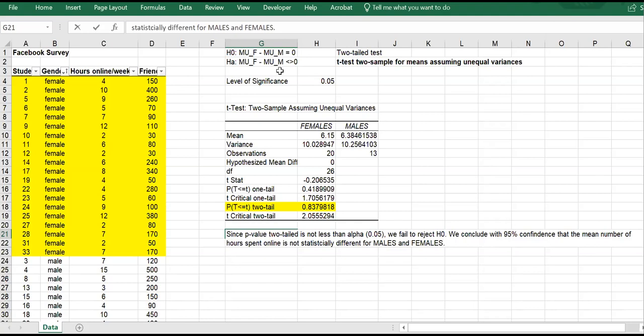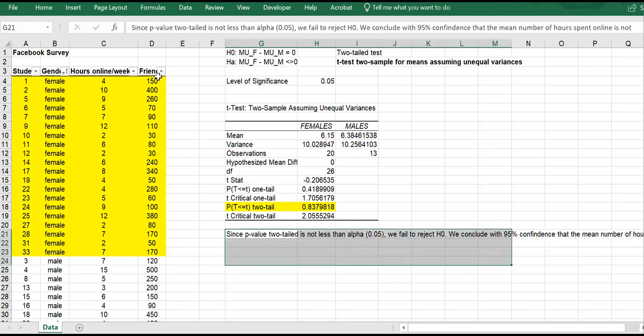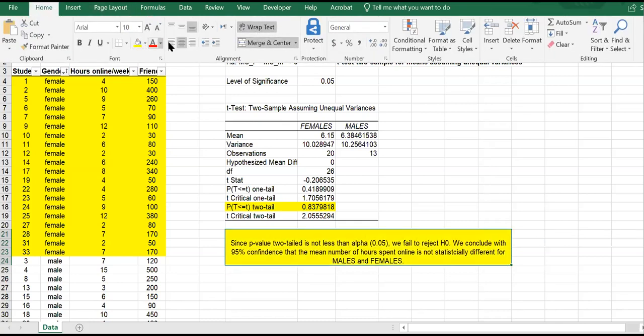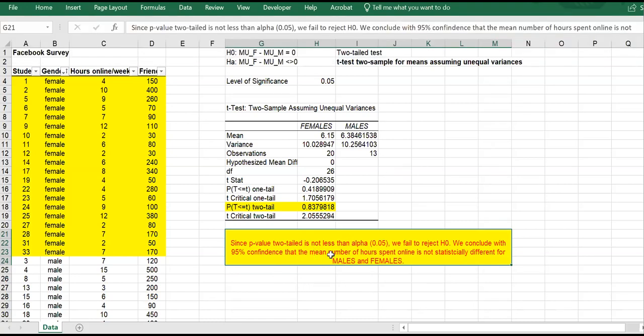So we don't have enough evidence to support that they're different. So this is the conclusion. Since p-value two-tailed is not less than alpha, we fail to reject the null hypothesis and conclude with 95% confidence that the mean number of hours spent online is not statistically different for males and females.